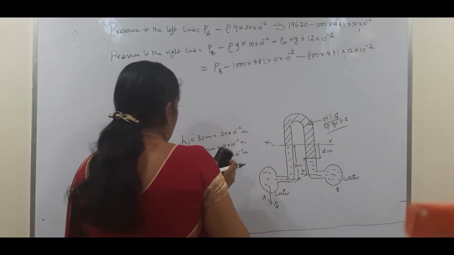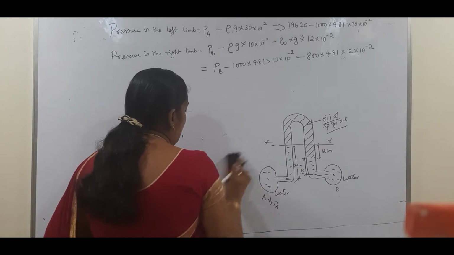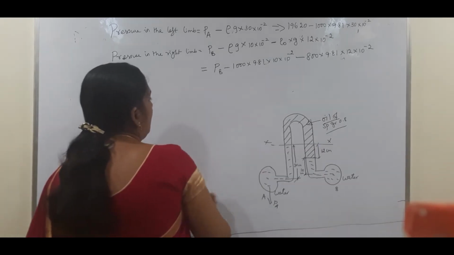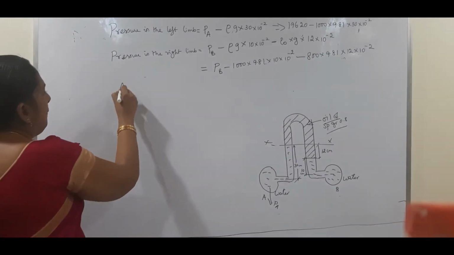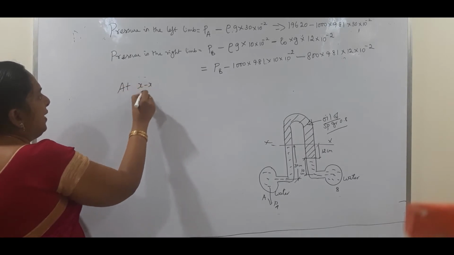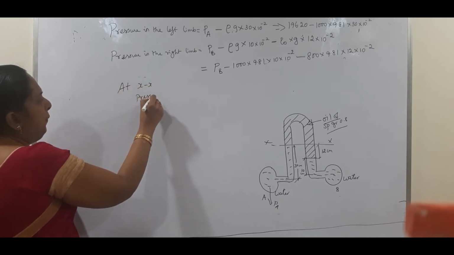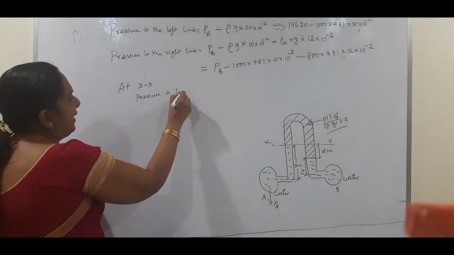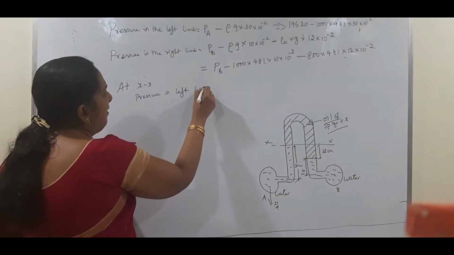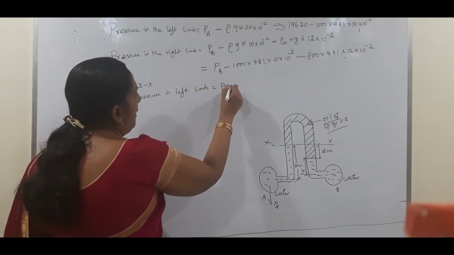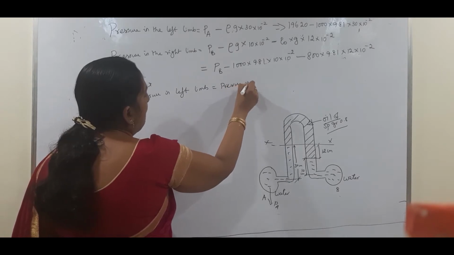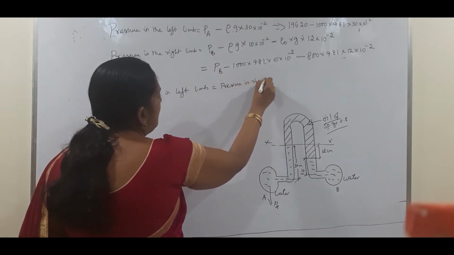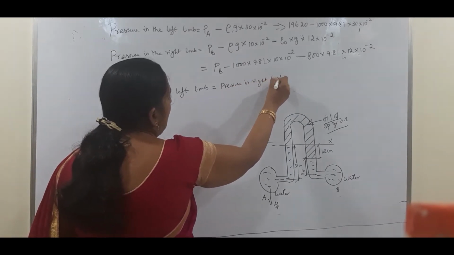So what is our concept? At equilibrium, or at the datum line XX, pressure in left limb is equal to pressure in right limb. Am I right? So just you check it once. What are the pressures you have included in the left limb?